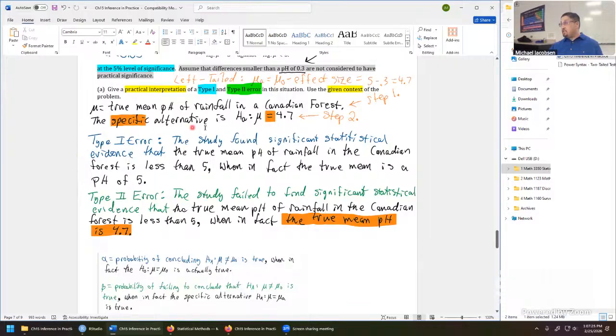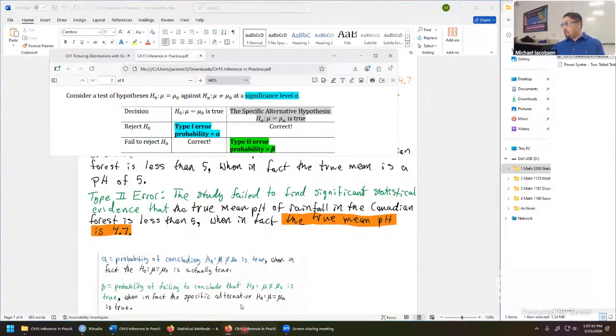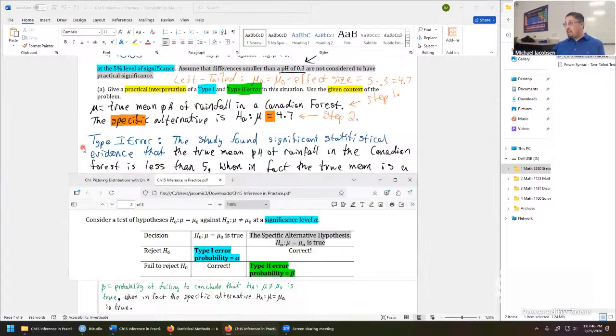Well, type 1 error says the study found significant statistical evidence that the true mean pH of rainfall in the Canadian forest is less than 5, when in fact the true mean is a pH of 5 altogether. Let's take a close look at the logic in making that statement. In a type 1 error, we're right here in the body of the table, which means we have rejected the null hypothesis, which means we've concluded the alternative hypothesis is in fact true.